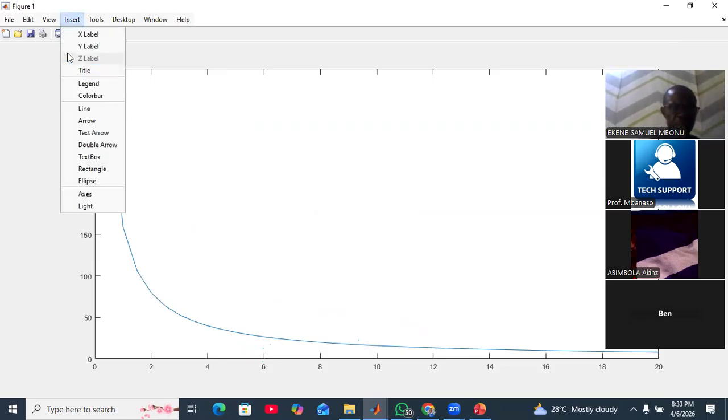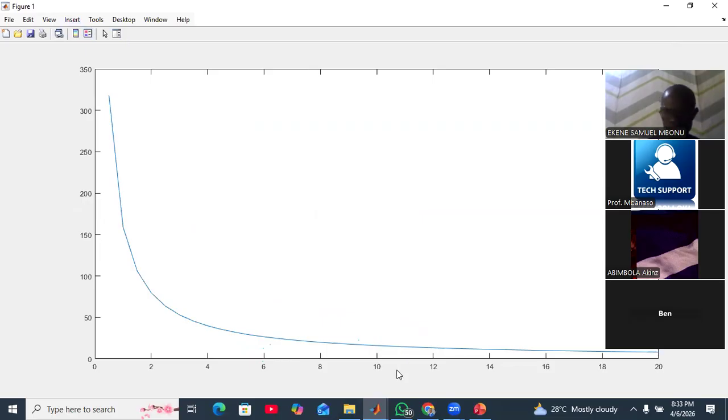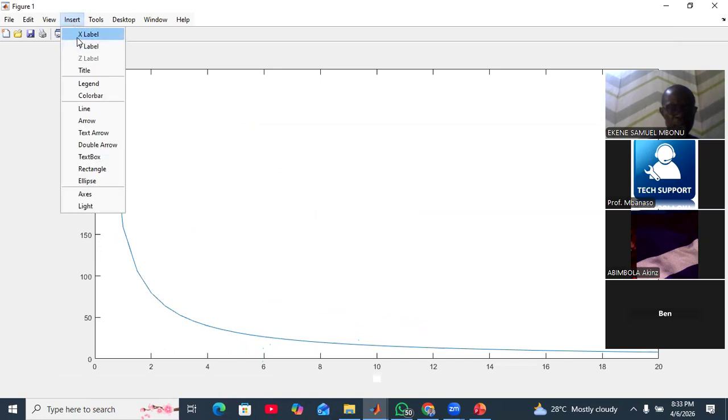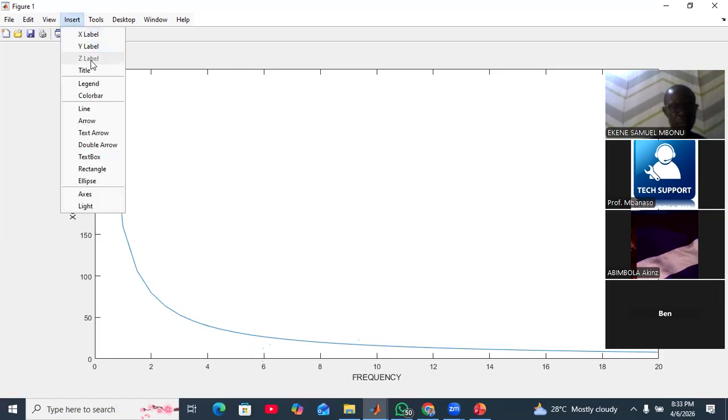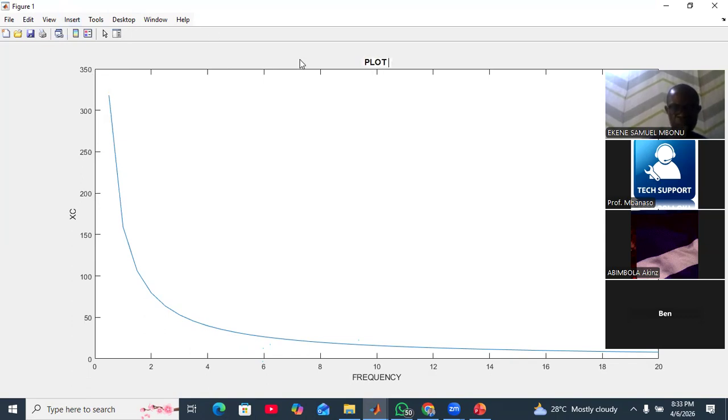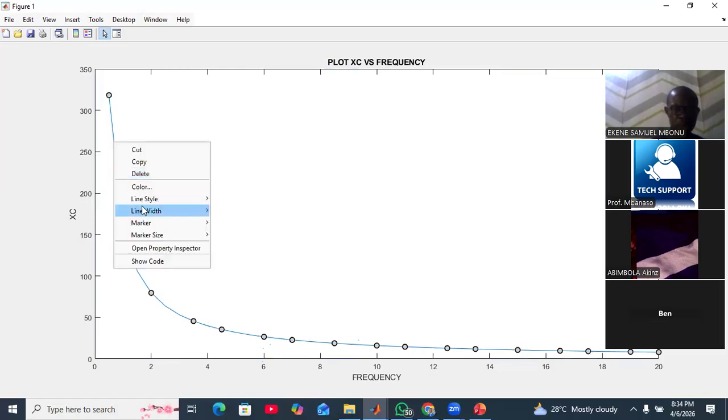So this is our graph. We call here, this is frequency, and this is XC, and this is, we can name it anything, plot of XC versus frequency, and then we can increase this one to make it look better.